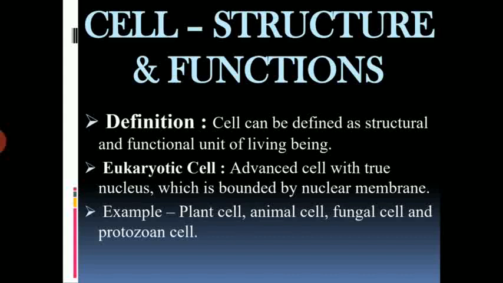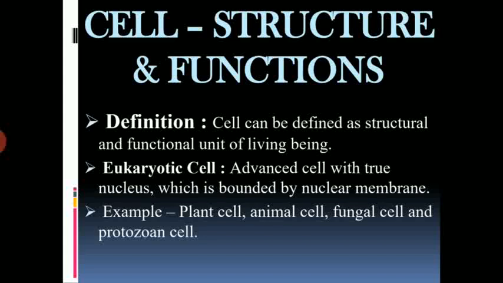Very first thing is cell. What is a cell? A cell can be defined as the structural and functional unit of living being. That means a cell is the smallest living unit of our body which provides us our structure as well as it carries out all the metabolic activities inside our body.